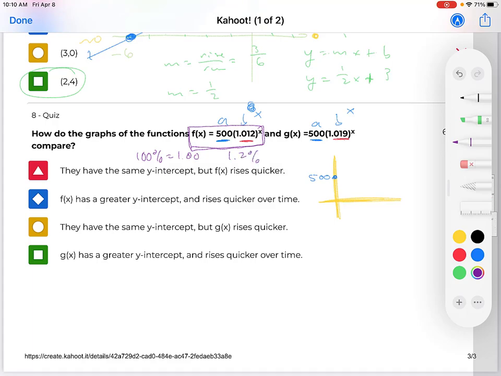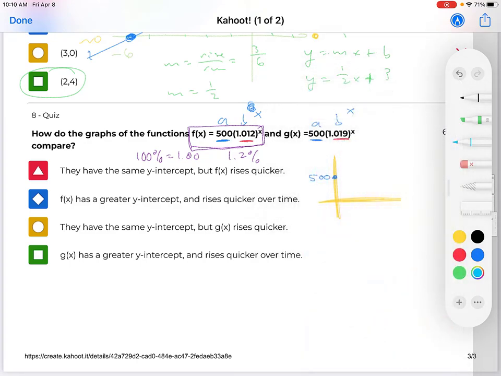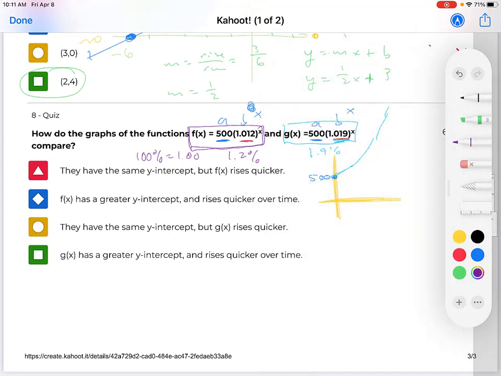Pretty good. I'm trying to think about how to increase my money, right? And I would do that with a greater slope. Let's try blue. Like this blue? It's a nice blue. Okay, g(x) here, same thing, has a 1.9%. So my money is going to go a lot faster at 1.9% versus 1.2%.